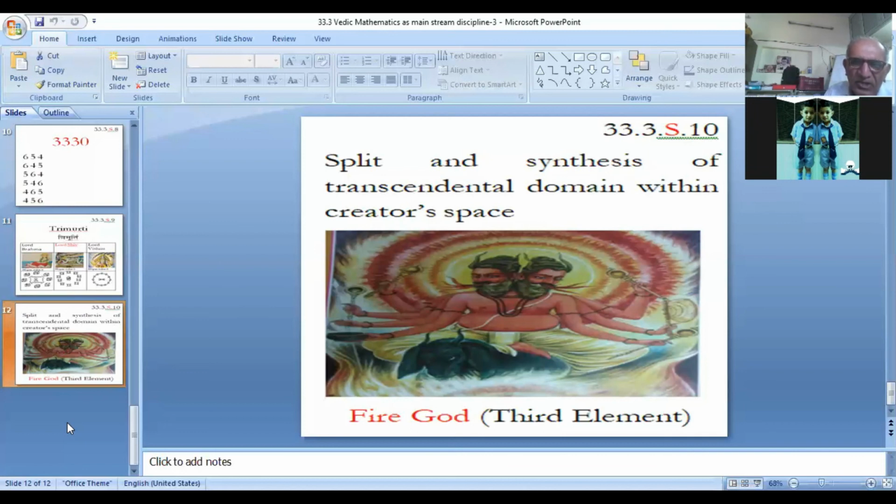It is the initiation path, parallel to the organization format of the text of Ganita Sutras.